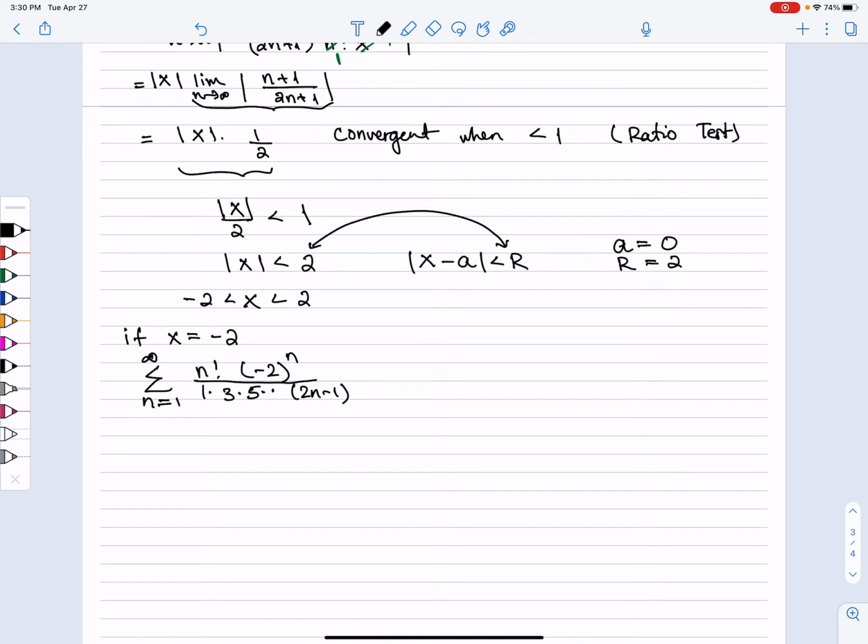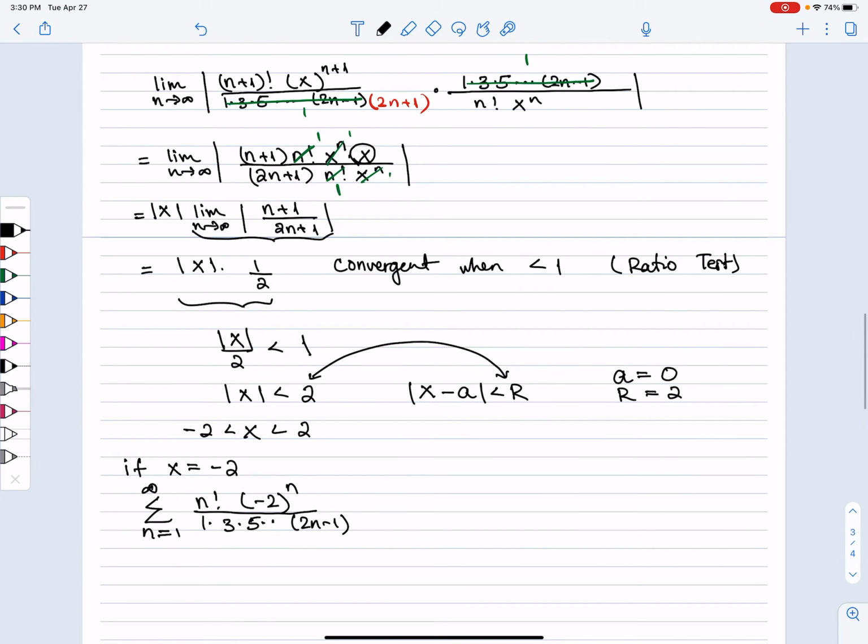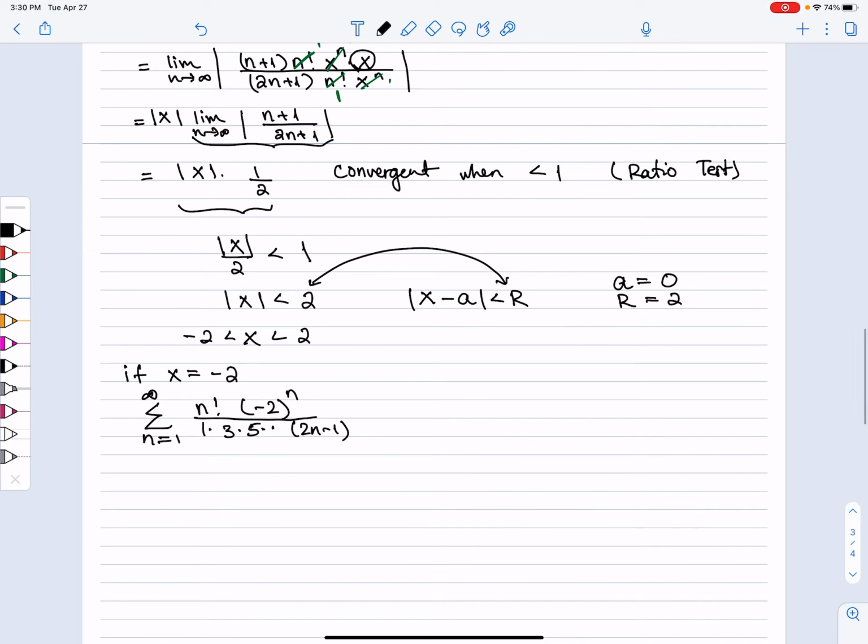So this is very similar to what we just did. The only difference is that instead of x, we have -2 to the n. We can take the limit as n approaches infinity of n factorial, in absolute value, times 2 to the n over 1 times 3 times 5 all the way to 2n minus 1.